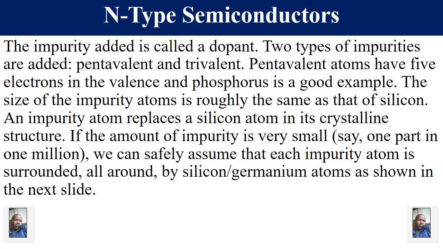And we are saying when we add a pentavalent or a trivalent atom to an intrinsic semiconductor, a crystal, it is going to displace the silicon or germanium atoms, and it is going to share electrons with 4 nearby silicon or germanium atoms.